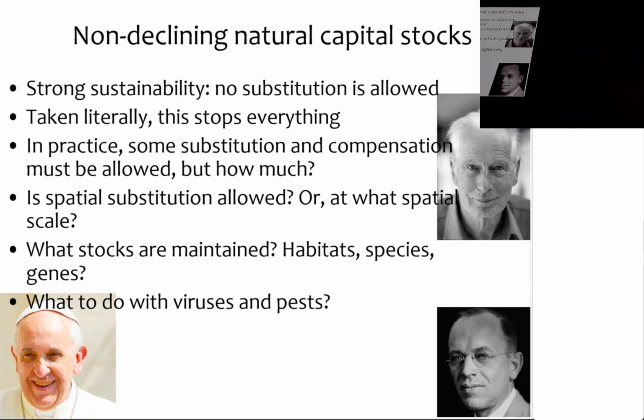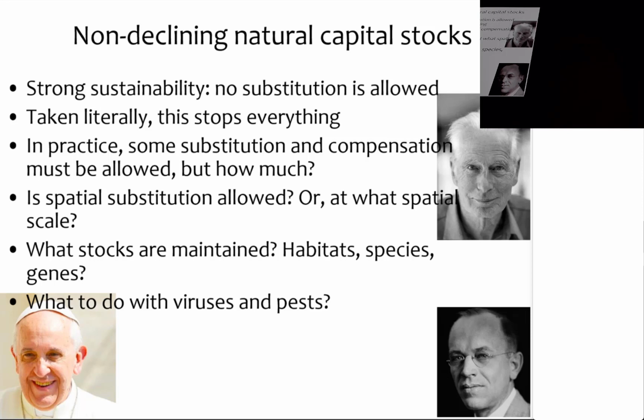So in practice, if you want to follow sort of this trend of thought that natural capital, the environment should stay intact, then as soon as you do something, you should do something else to compensate.